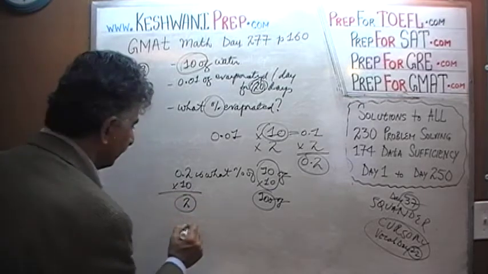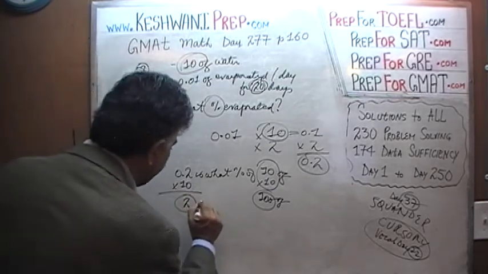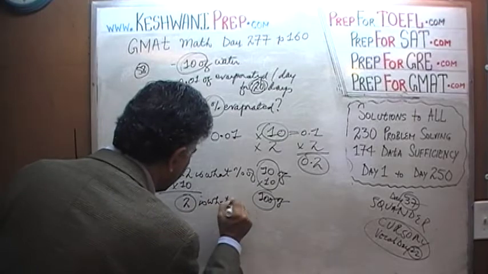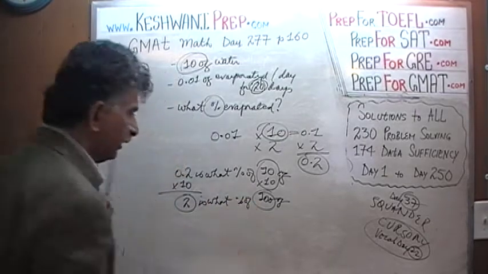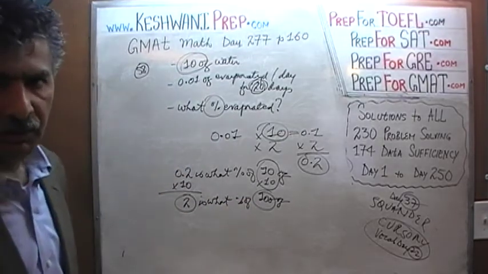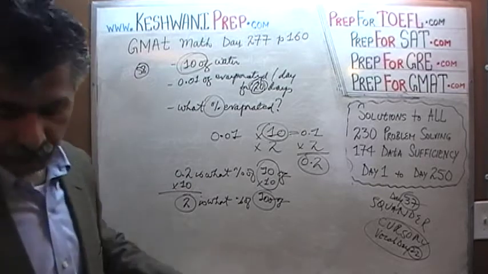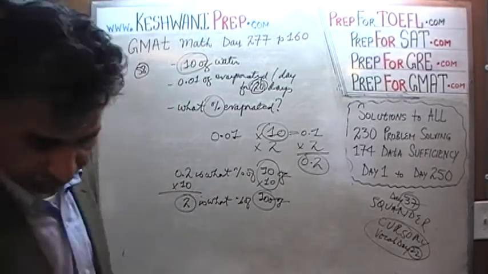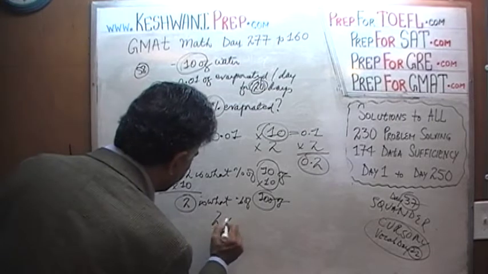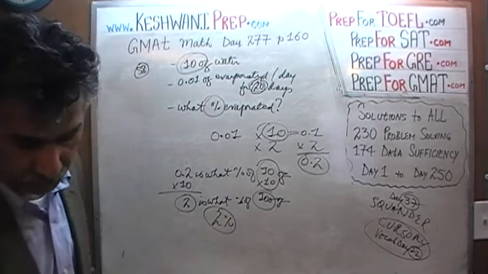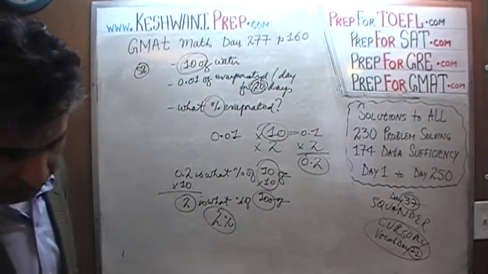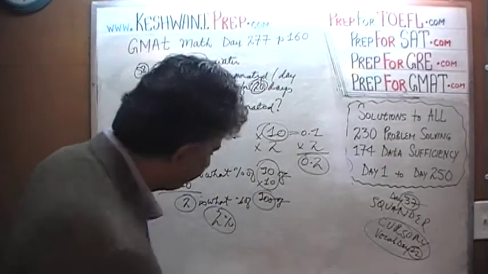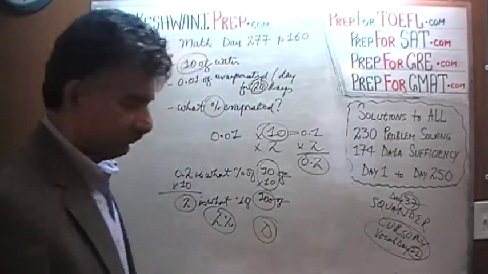So the question now is, 2 is what percent of 100? That becomes very silly. Of course it's 2%. The answer is 2%. 2% of the water has evaporated. The answer is D.